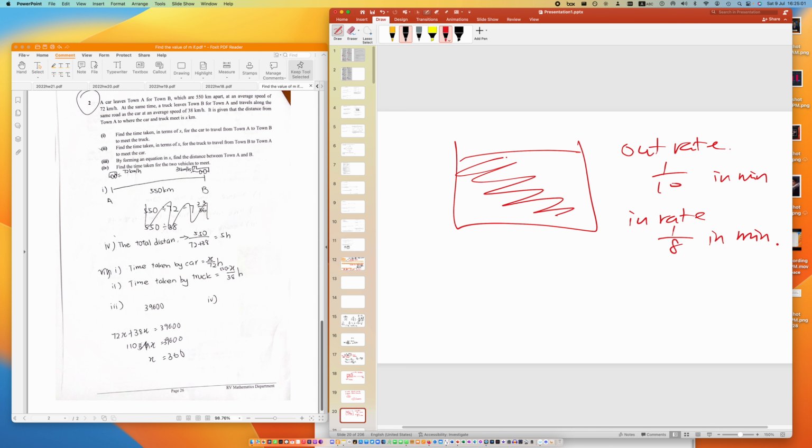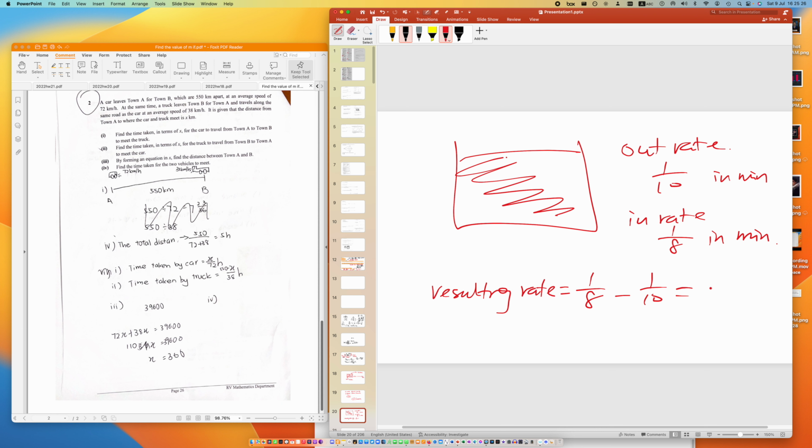So in fact there is a resulting rate, right? The resulting rate is the in minus the out. If you get positive, that means you can fill up. If you get negative, that means there is no way you can fill up. So what's the resulting rate?